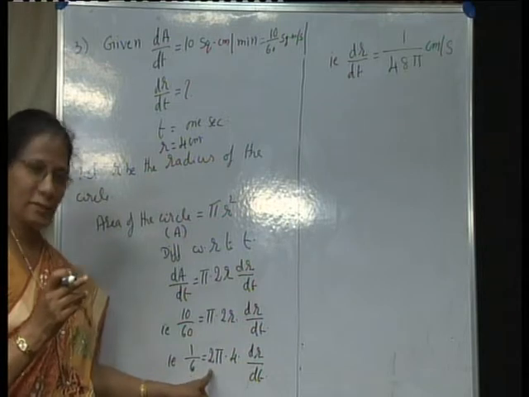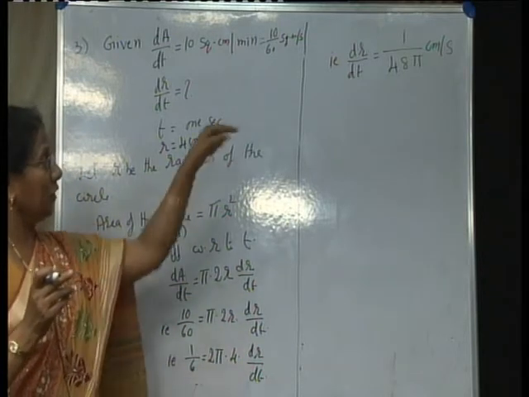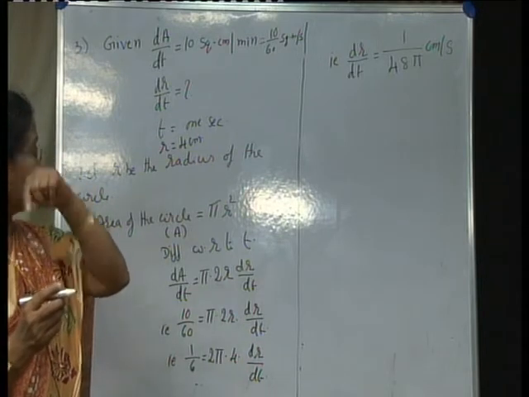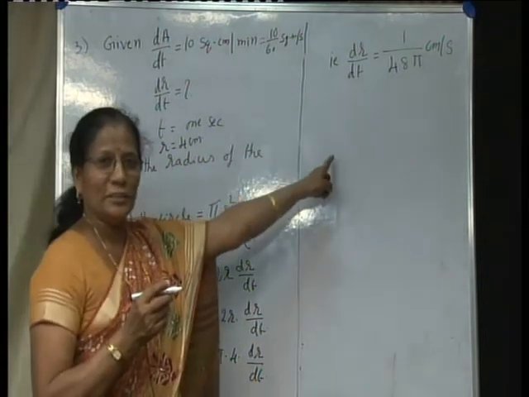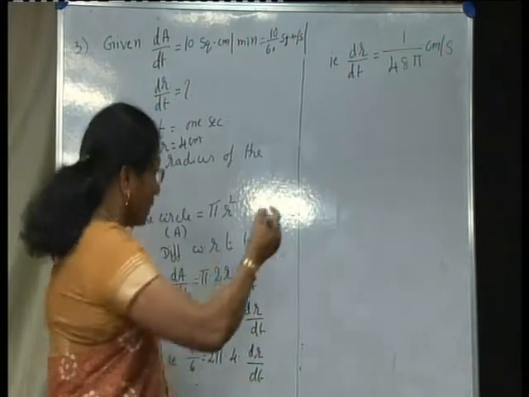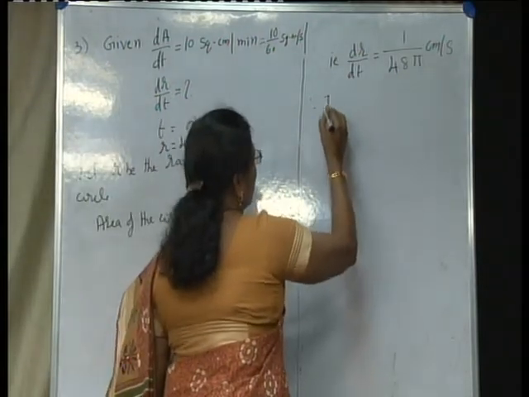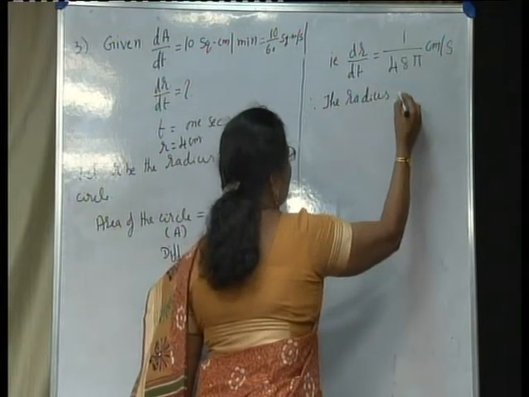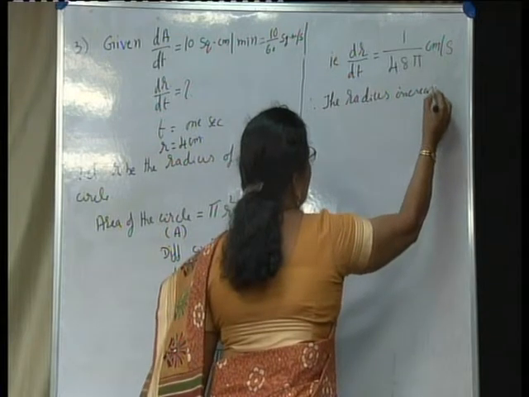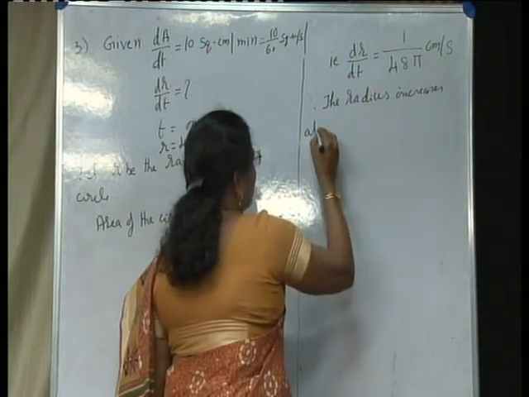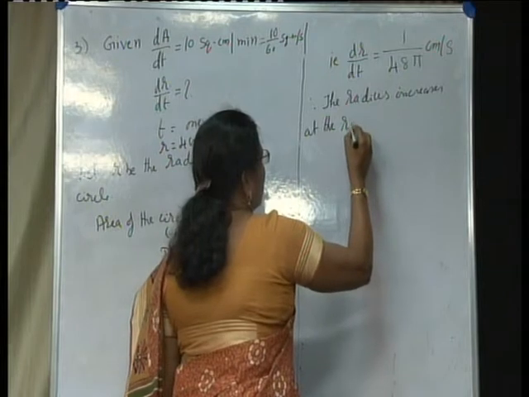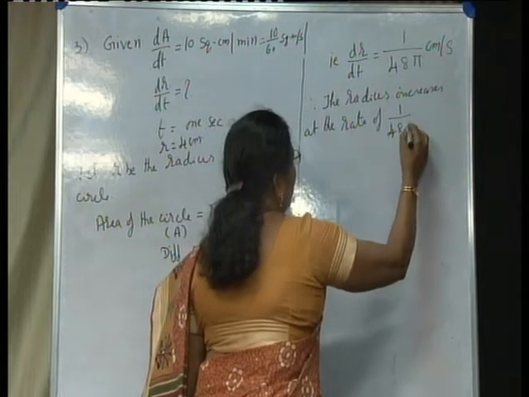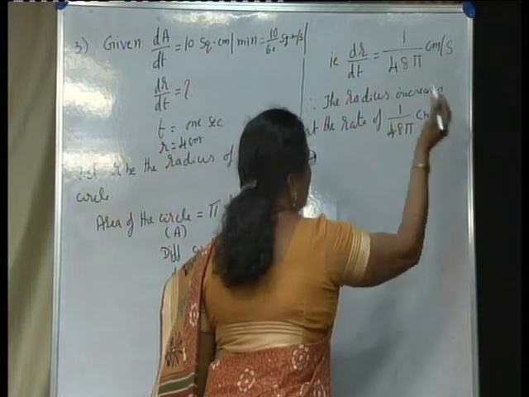4 sixes are 24, 4 eights are 48. dr by dt is equal to 1 by 48 pi centimeter per second. So, the radius increases at the rate of 1 by 48 pi centimeter per second.